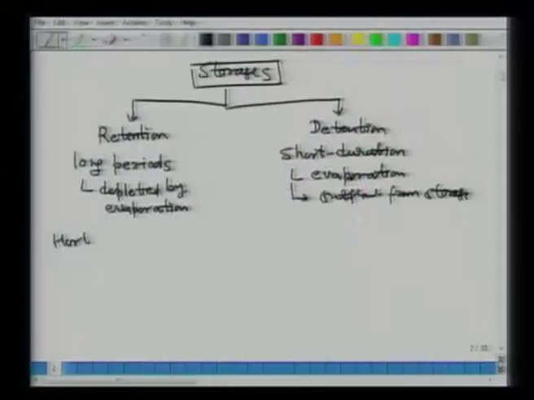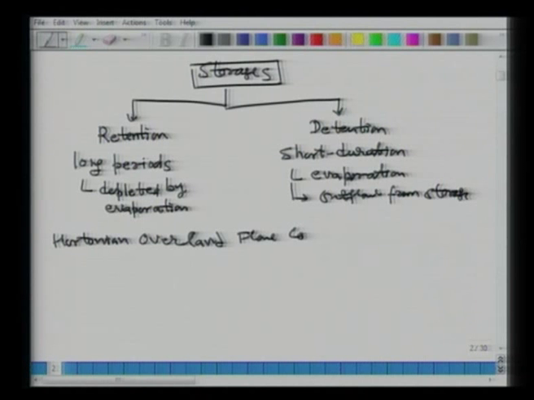Okay. Another way to look at this, as far as the kind of storages in terms of periods of retention or detention, another way to look at the different types of flows is either the Hortonian overland flow concept versus the saturation overland flow concept.